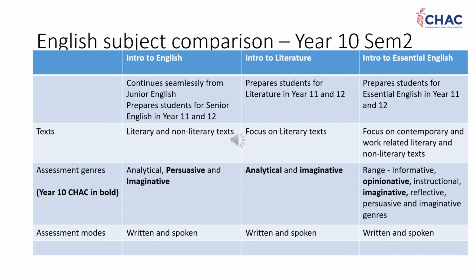Meanwhile, in Intro to Essential English, students complete texts that have a range of genres. These can be informative, opinionative, instructional, imaginative, reflective, and persuasive. Often tasks look at a couple of different genres. All three subjects assess in both written and spoken modes.